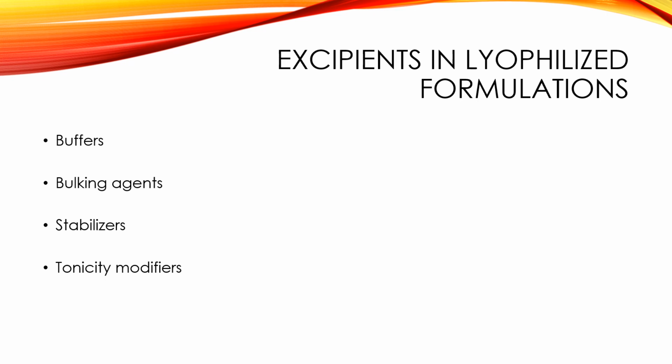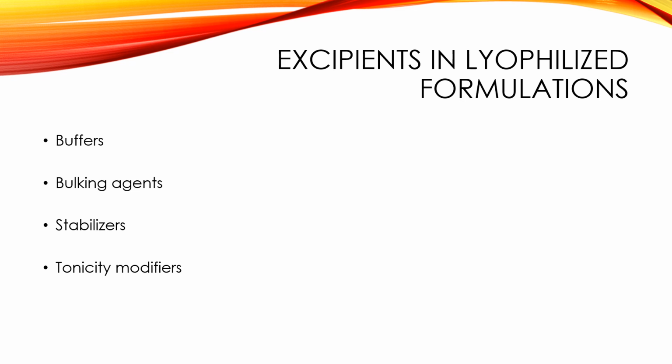So a formulation may consist of one or more excipients at proper concentration, such as buffers or pH adjusters, bulking agents, stabilizers, or tonicity modifiers. Buffers are used in lyophilized formulations to maintain the pH. Phosphate buffer, citrate buffer, or histidine buffer are commonly used at a low concentration that undergoes minimum pH changes during freeze drying, means primary drying and secondary drying, desorption or sublimation processes.